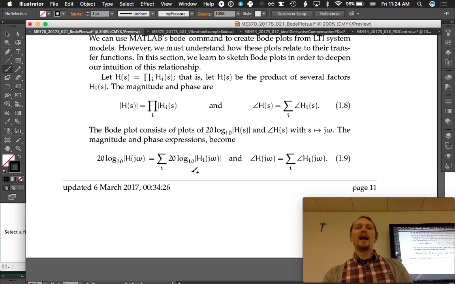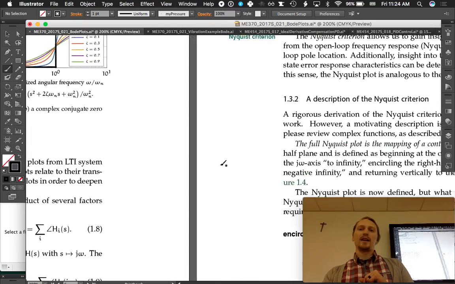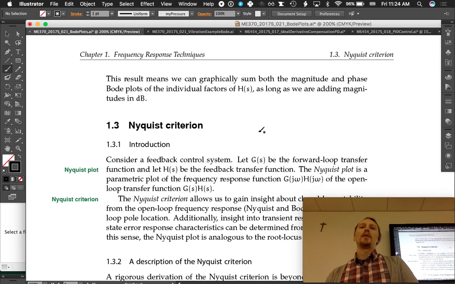Now we can sum the dB magnitude plots, and we can sum the phase plots as well. And that's what we're going to do. So this result means we can graphically sum both the magnitude and phase Bode plots of the individual factors of the transfer function, as long as we are adding magnitudes in dB. So as long as we do the magnitude in dB, we can just add them together.